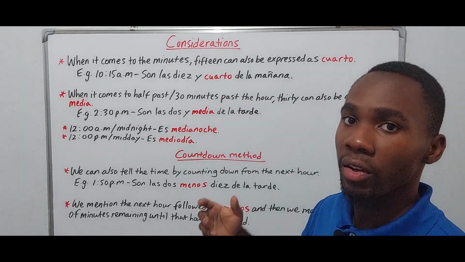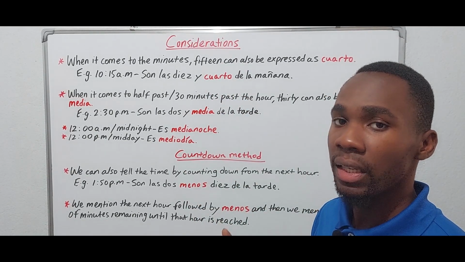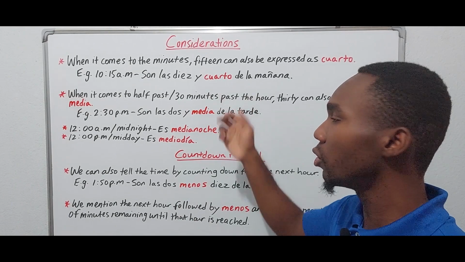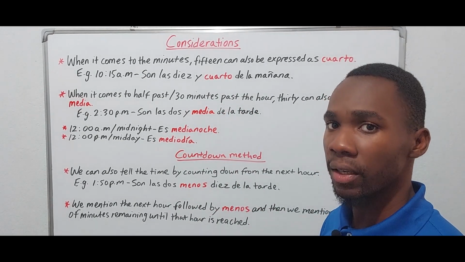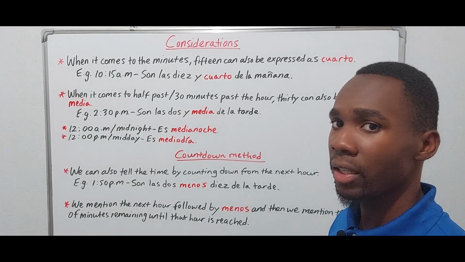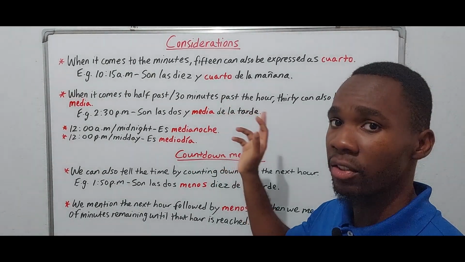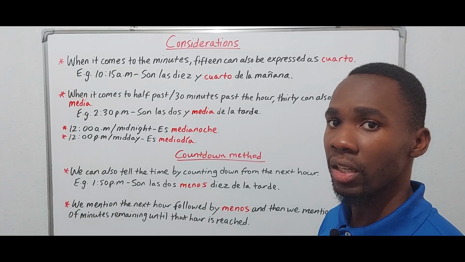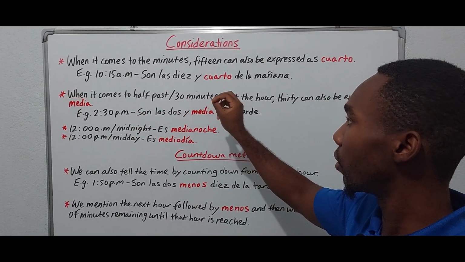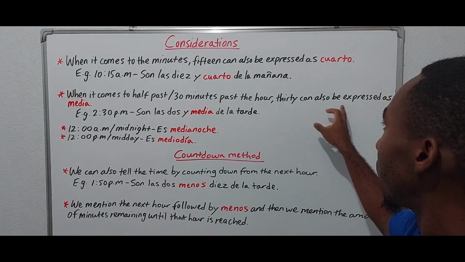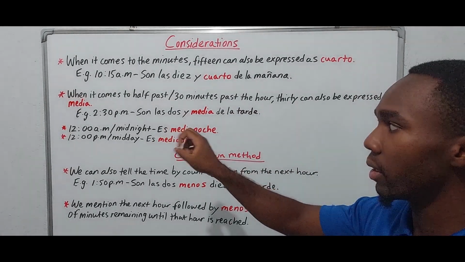But I could also say son las 10:15, but cuarto would be more common. But if you say quince, that's fine, right? And the same thing will occur with 30 minutes past. The number for 30 is treinta, right? So when it comes to half past the hour, 30 can also be expressed as media.